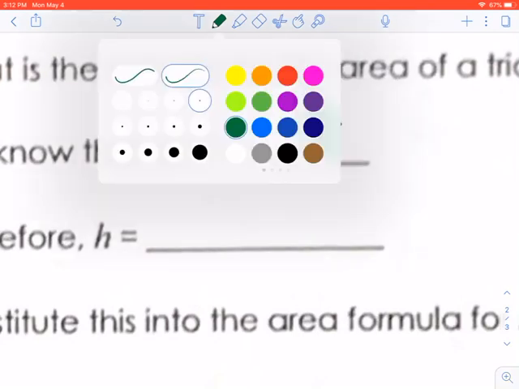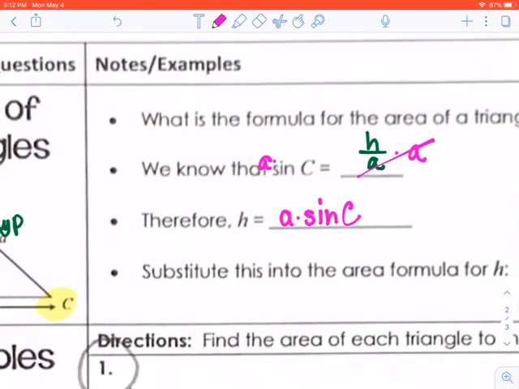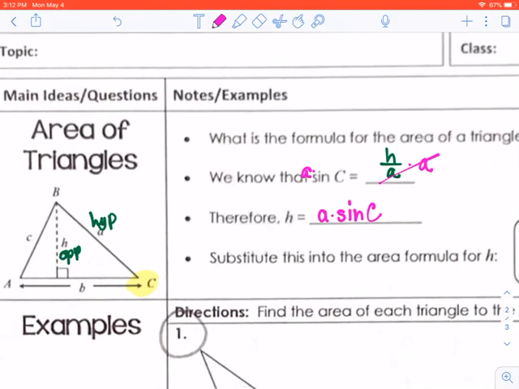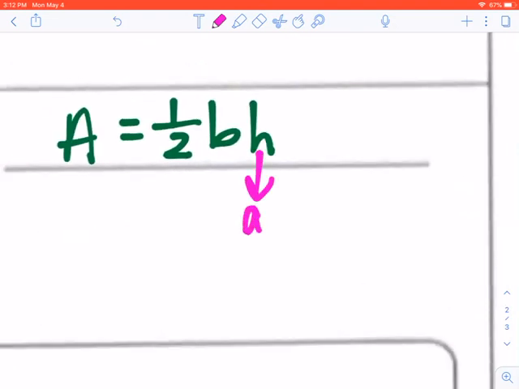With a little math, I can multiply by a on both sides, and h is equal to a times sine C. So using trigonometry, instead of saying h, the height, if I don't know the height, I can say that h is equal to a sine C. So my h here is a times sine of C.